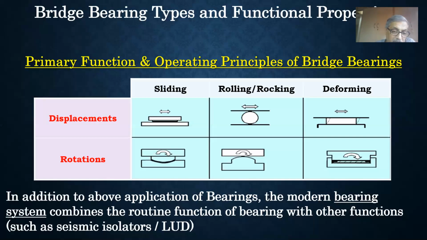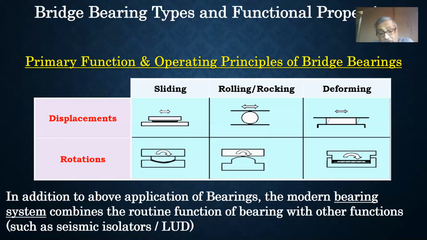Similar to displacement, the rotations also can be taken by three distinct mechanisms. One is the sliding mechanism, which we see in the case of spherical bearings, where the top plate has a curvature and it slides with respect to the bottom surface, which is also curved.